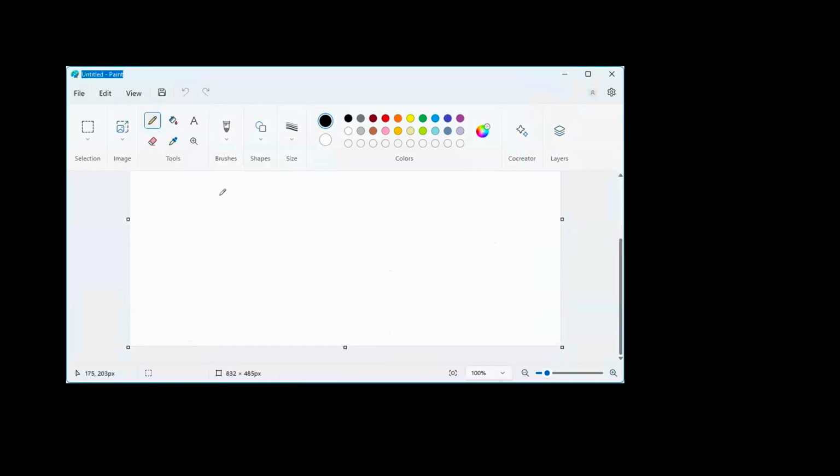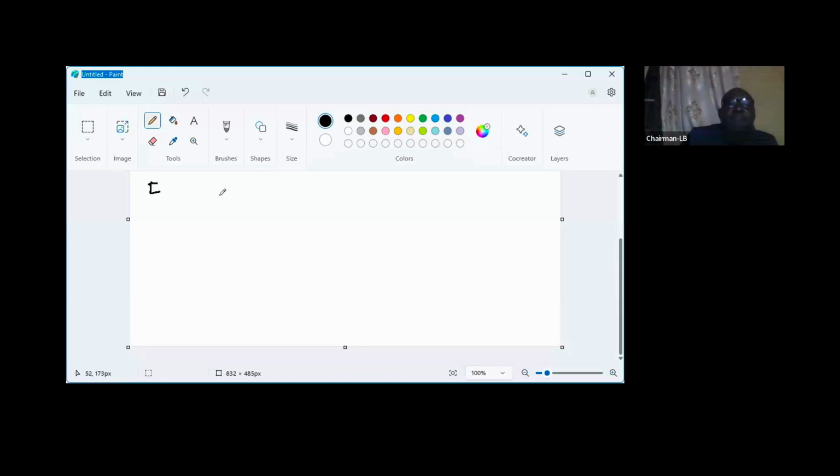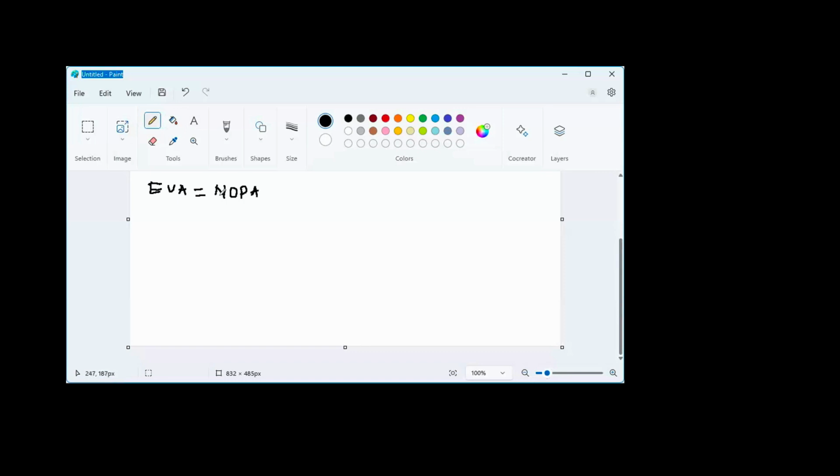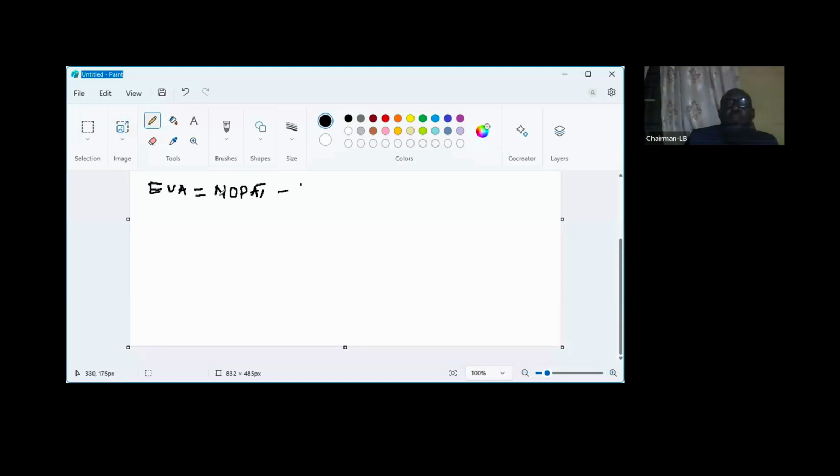Now, let's get our answer out here. Our EVA, economic value added, is equal to, look at the formula notepad, minus capital employed.